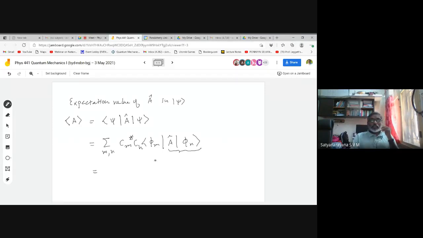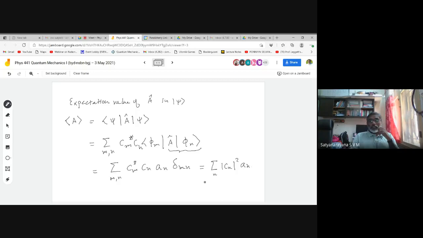Phi n is an eigenstate of A, so A phi n is An phi n. So that is equal to sum over m comma n Cm star Cn An delta mn. So this gives you sum over n mod Cn square into An. So this is the expectation value.